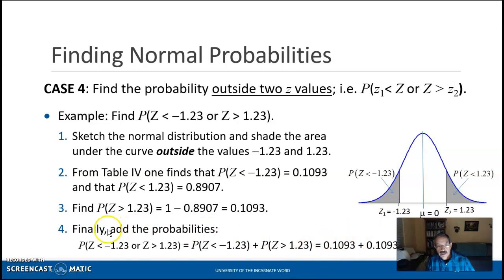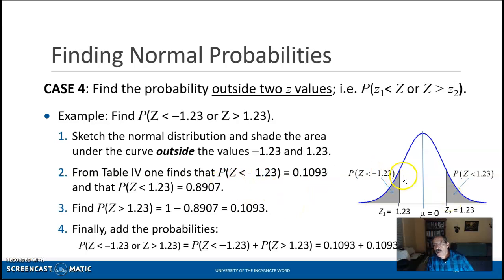As you can see, I went the long way and I found the two probabilities and added them. I found the probability that the random variable is to the left of minus 1.23 or to the right of 1.23 is 0.1861. And remember, you can go this route, or use the symmetry of the distribution and take advantage of that to answer the question faster.